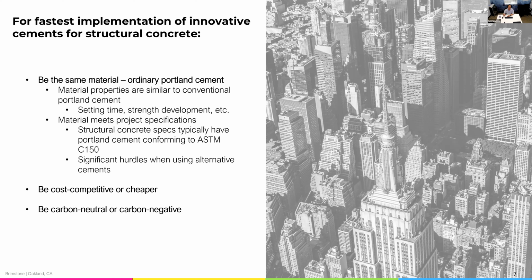In your normal project specs for structural concrete, we'll often have Portland cement conforming to ASTM C150, and there might be a specific type that the project needs, typically 1, 2, or 2.5, depending on where you are. But we expect that if our cement was not an ASTM C150 cement, there would be significant hurdles in actually getting material out and meeting typical project specifications.